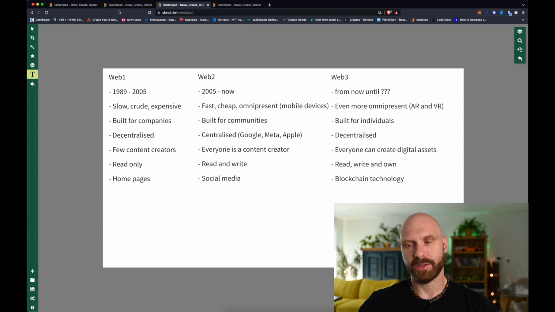And the main difference was that, well, there were a couple of main differences. First of all, access to the internet became much faster, much cheaper. And also especially around 2007, when the first iPhone came out, it became much more omnipresent. Suddenly, everyone could have a device with them at all times, which was capable of accessing the internet.